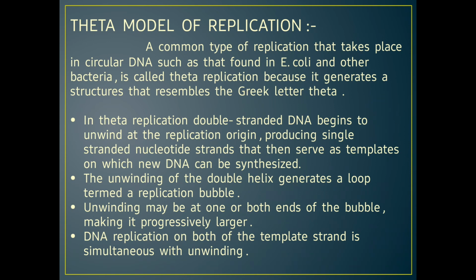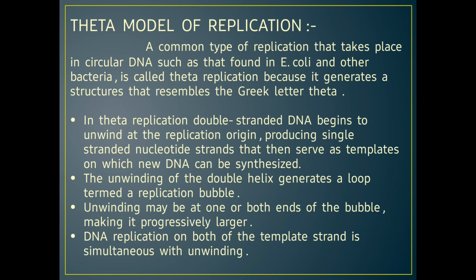Now what occurs in theta replication is that double-stranded DNA begins to unwind at the replication origin, producing single-stranded nucleotide strands that then serve as templates on which new DNA can be synthesized. All the same process is occurring: the double-stranded DNA unwinds and produces single nucleotide strands, in which one strand works as a template strand, and corresponding to the template strand, DNA will be synthesized.